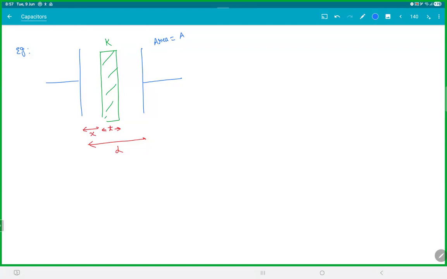And if you do that, you will get an answer independent of X. And that's what I want to tell you. It doesn't matter where you keep the dielectric. So you'll get the same thing. Whenever you get a question like this, you can push the dielectric to one corner and treat it as two capacitors.